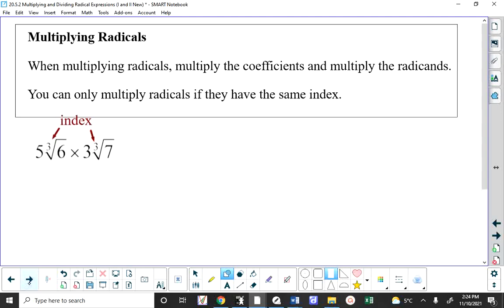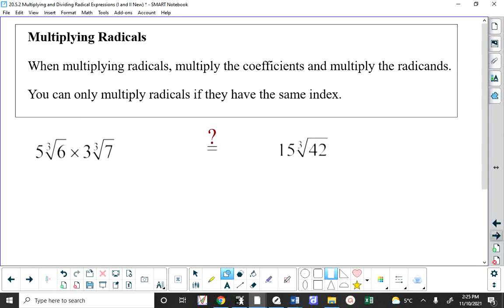The 3's are the index. And that's a word that you learn about in Math 10, but I'm just reminding you, if I gave you something that had 4th roots multiplied by cube roots, you can't do anything with it. Not yet, anyway.